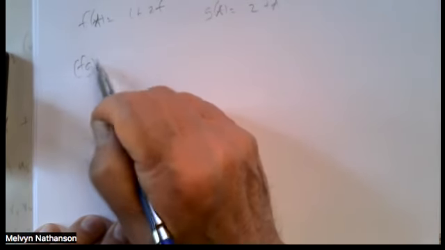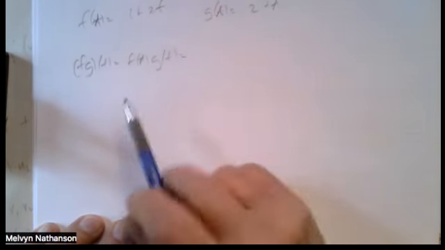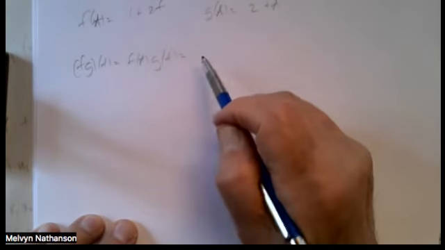So what is f times g? That's f of t, g of t. If I multiply these two polynomials, what do I get?